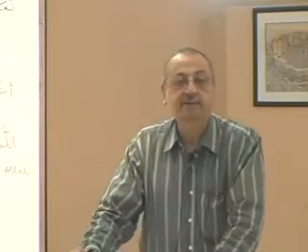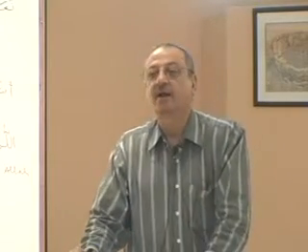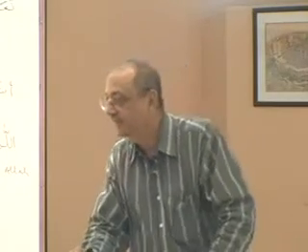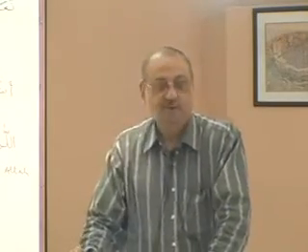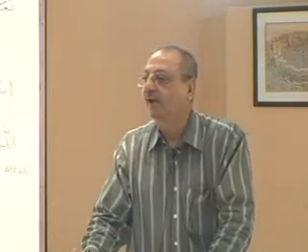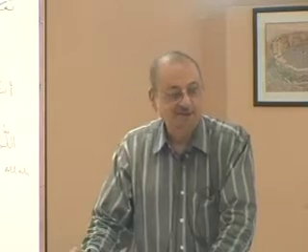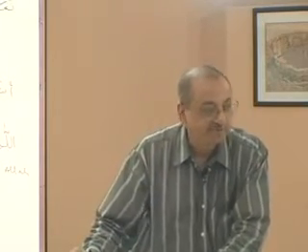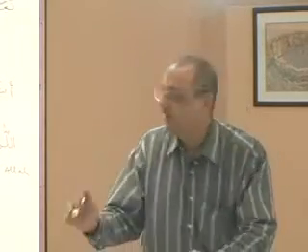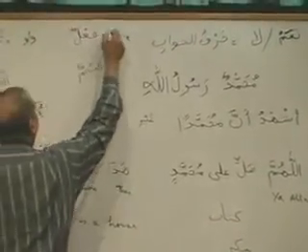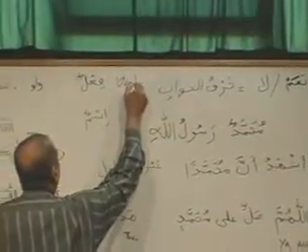Now, brothers and sisters, in the Arabic language, there are 2 kinds of sentences. How many kinds? 2 kinds. One is called al-jumlatul ismiyatu, and the other is called al-jumlatul fi'aliyatu. Remember, fi'al means verb. Fi'alun means verb.